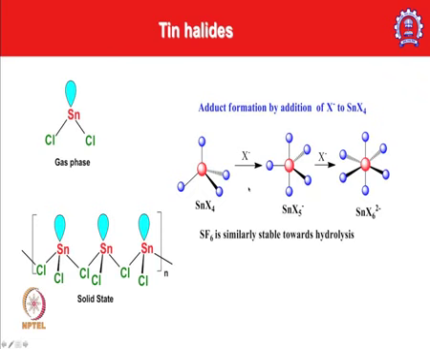These compounds are also quite stable towards hydrolysis compared to SnX4, simply because it has coordination number 6, and there is no scope for water molecules to attack the central tin atom directly unless one or two Sn-F bonds are broken. For the same reason, sulfur hexafluoride is also inert towards hydrolysis under normal circumstances.